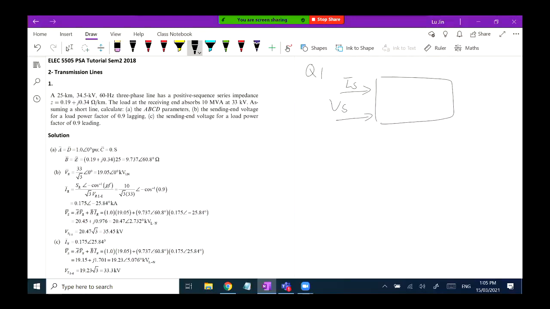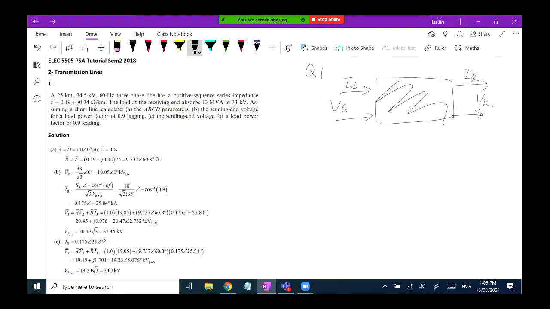On the other side, which is the user side or the receiving end, we have IR, the receiving side current, and also the receiving side voltage. Inside of this black box, we are going to use the ABCD model to model it.